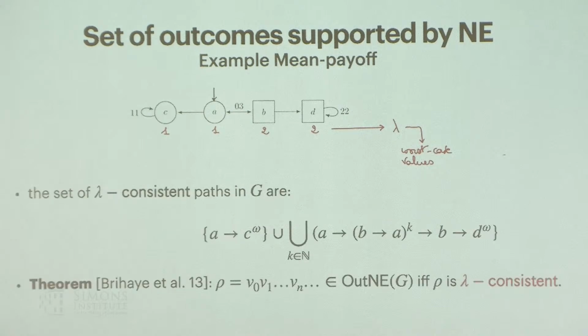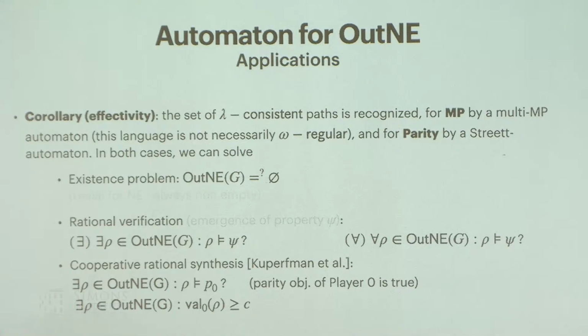Okay, and so this is a result that has been obtained by a colleague of mine in Mons, Thomas Brihaye, 10 years ago. So that's the starting point. But basically from that lambda labeling function, in the case of min payoff, you can somehow see this lambda function as defining a multi mean payoff automaton.